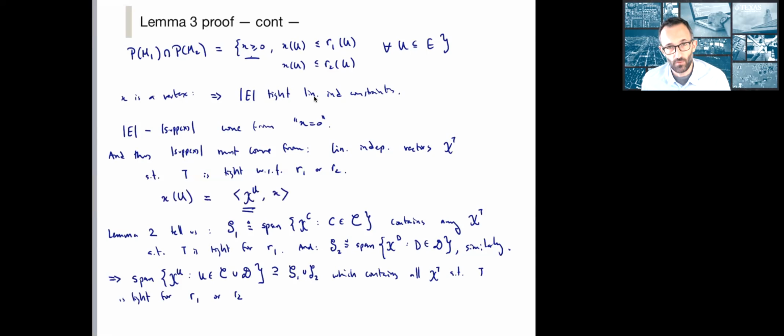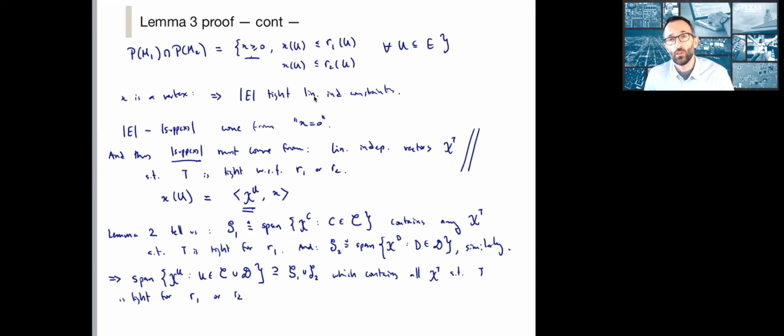So let's summarize. We've actually finished the proof of this lemma. We've said that by virtue of the fact that X is a vertex, we must have support of X many linearly independent vectors chi t, where t is tight either with respect to R1 or with respect to R2.